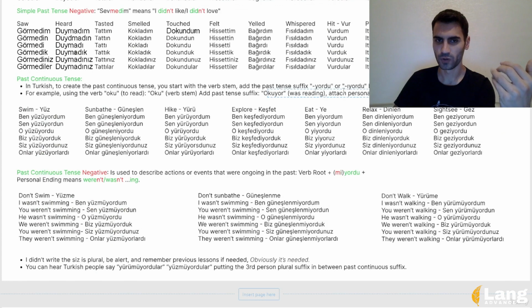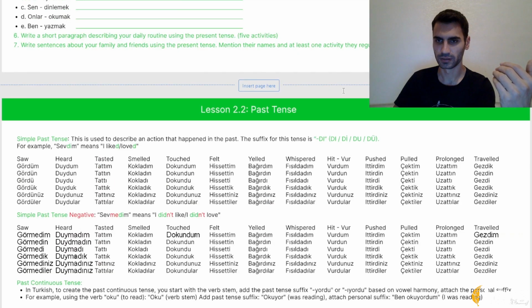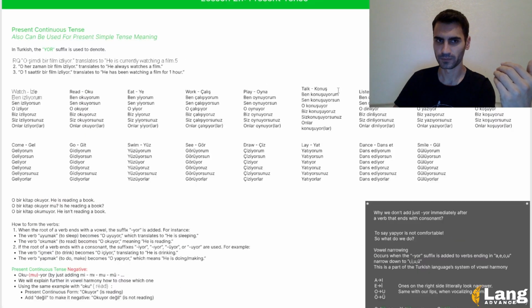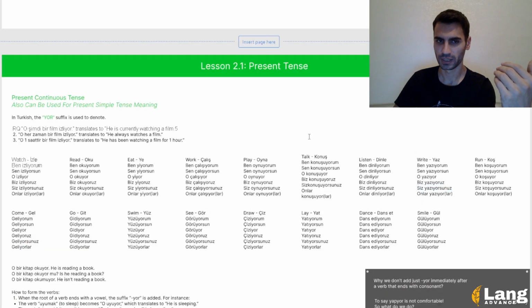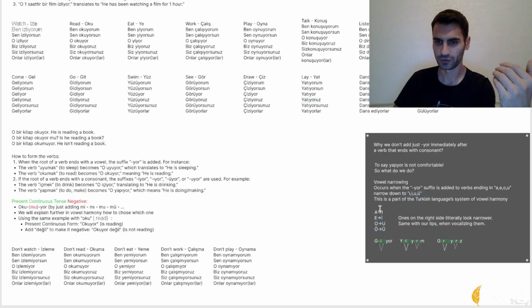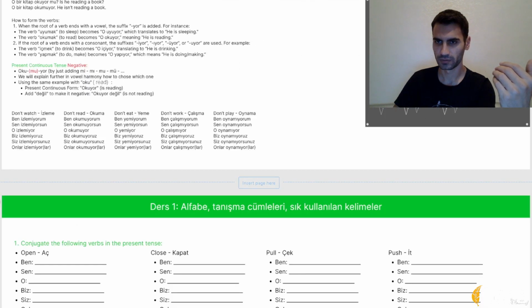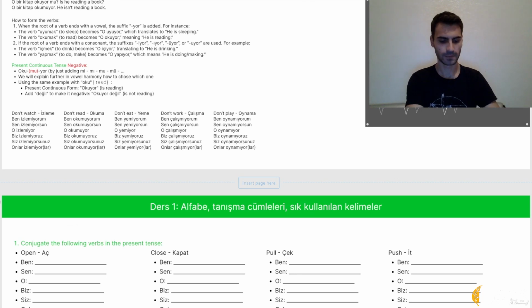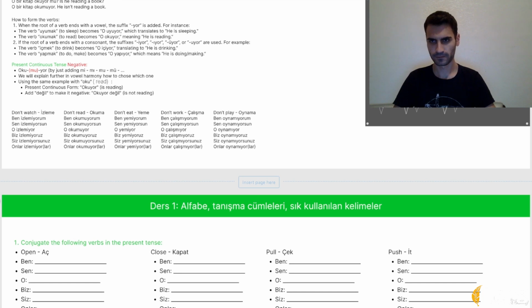So, in the vowel narrowing lesson, I mean present continuous and present simple lesson, we saw them actually, and we can tell that a, o, u, ı are hard, e, ö, i, ü are soft.